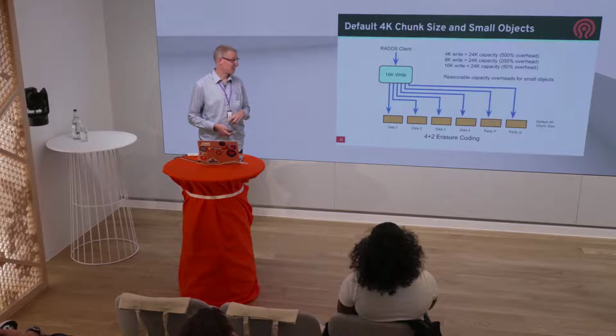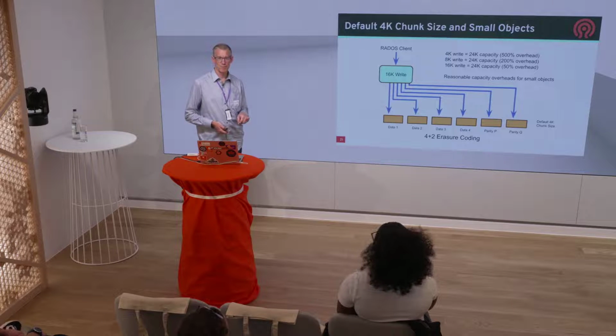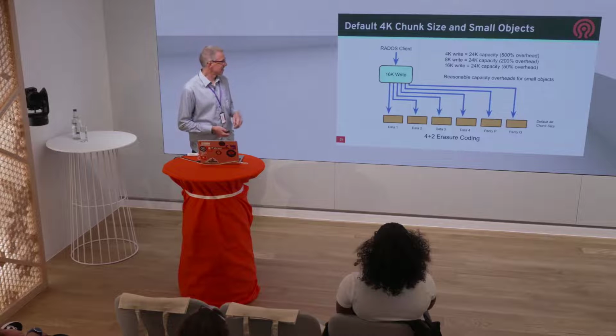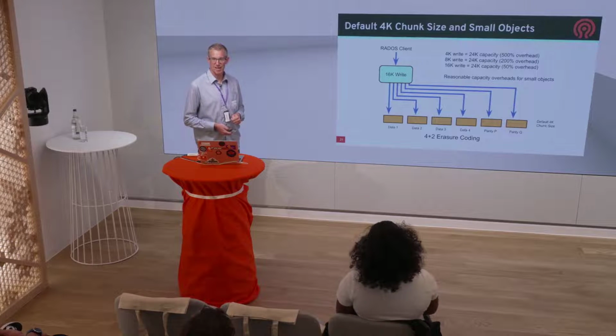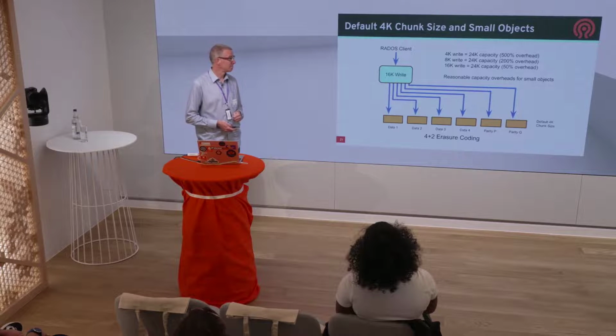So this is a problem with Erasure coding today. Those of you using object storage with really small object sizes might be aware of this effect and the fact that the capacity overheads for storing those small objects can become quite large.